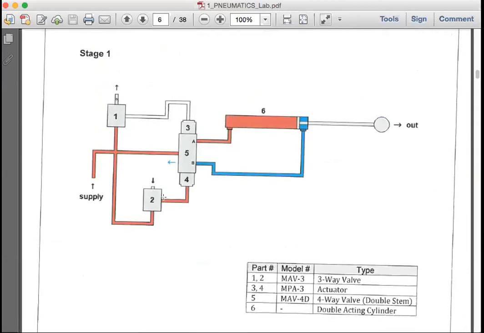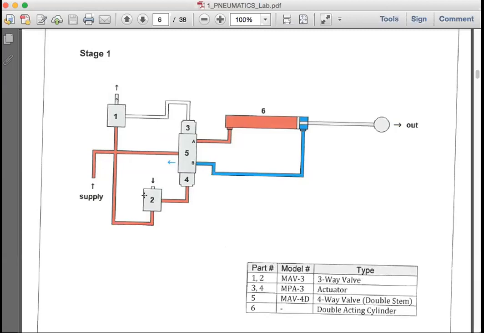If your command was activating valve number 2, it commands the piston to extend. If you release this stem, the piston remains out. So this indicates that your command is being remembered.